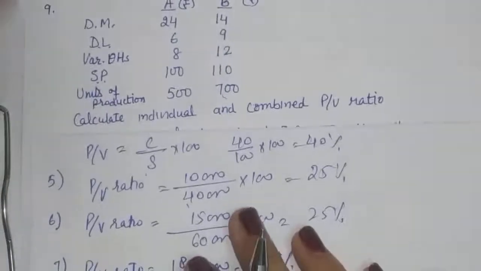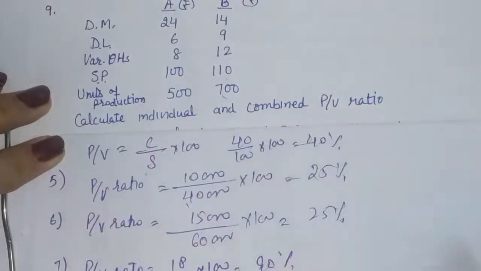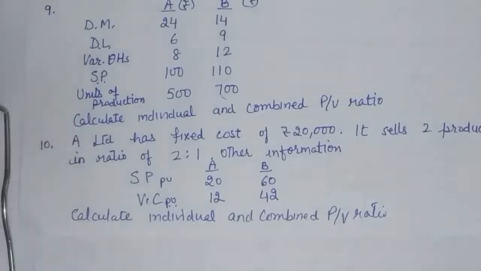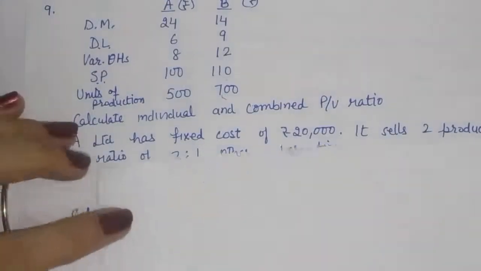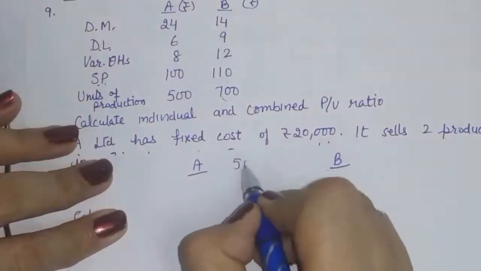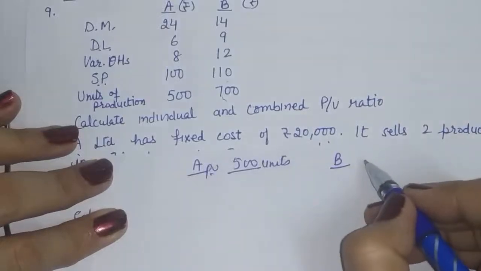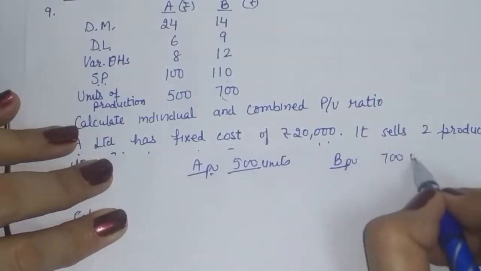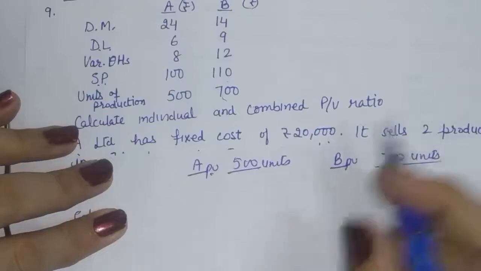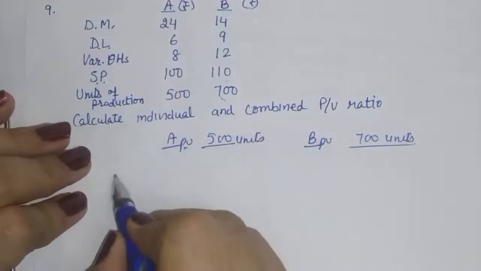Now herein we are given individual products. So we are to calculate individual and combined PV ratio. So how will we determine individual and combined PV ratio? For individual products, product A, product B per unit and 500 units. For B, it is per unit and 700 units. Because for combined ratio, we need to have combined information. So what is the selling price?